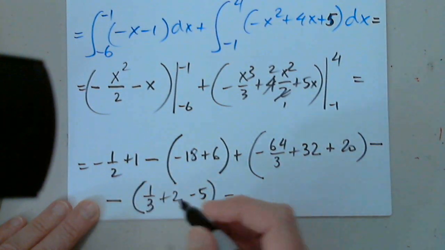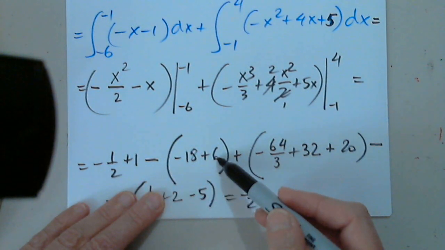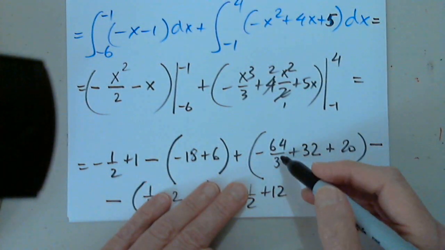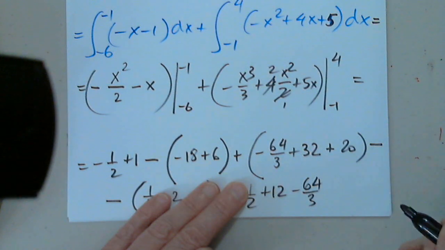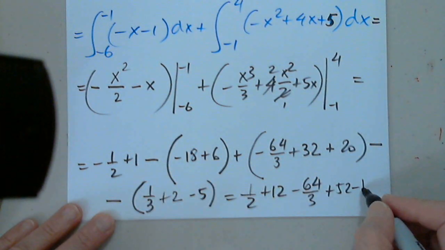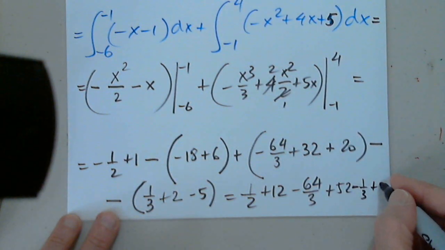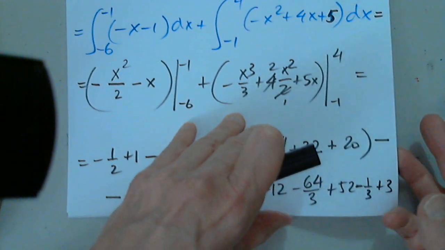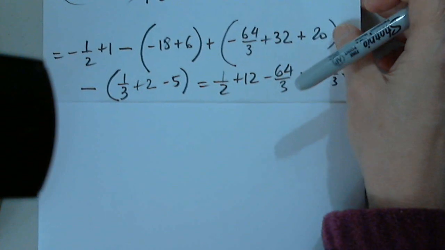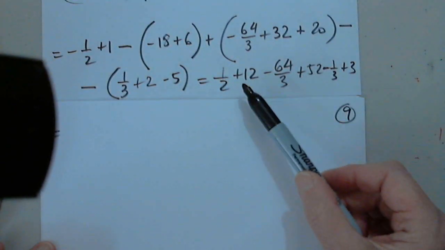So -1/2 plus 1, that's 1/2. -18 plus 6, -12 with minus in front. -64 thirds plus 52. Minus 1/3, and this is -3 with minus in front. Okay. 12.